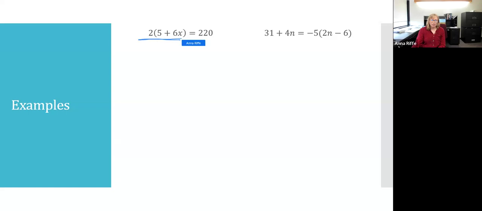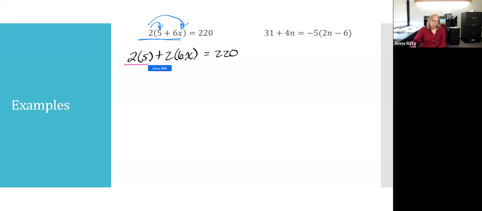So I'm going to apply the distributive property. I'm going to take the 2, multiply it by the 5x, and take that 2 and multiply it by the 6. I'll go ahead and write that out. 2 times 5x plus 2 times 6 is the left-hand side. Okay, that's still equal to 220. I didn't do anything to the right-hand side.